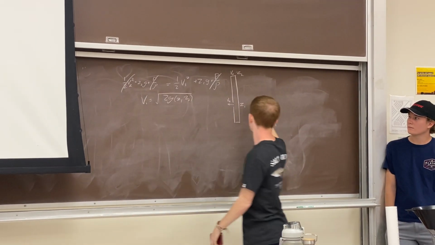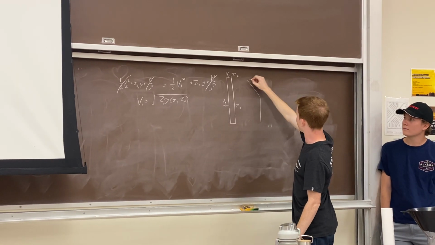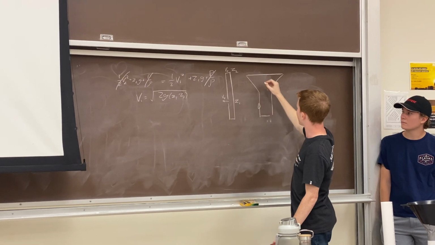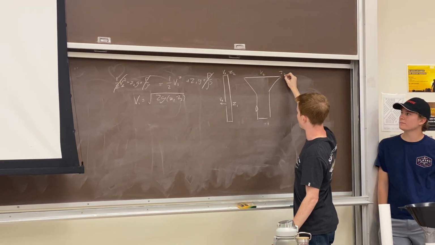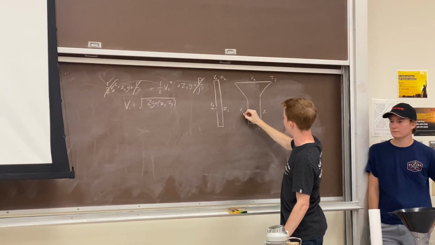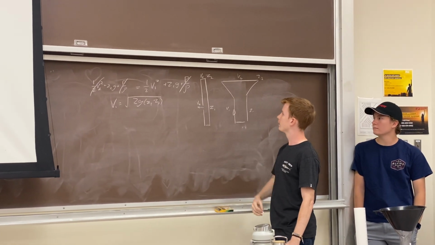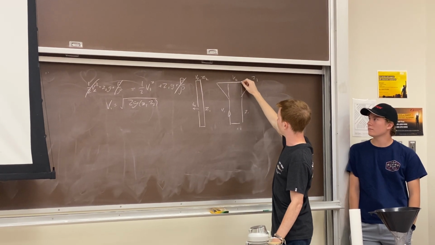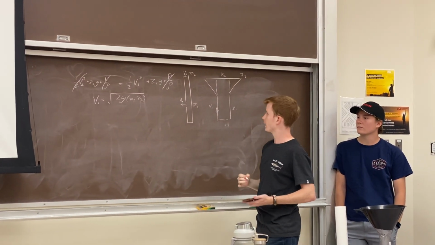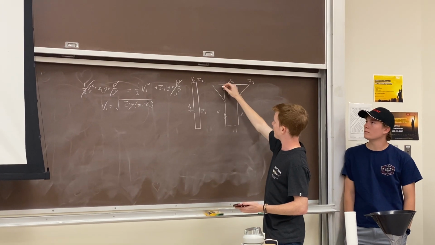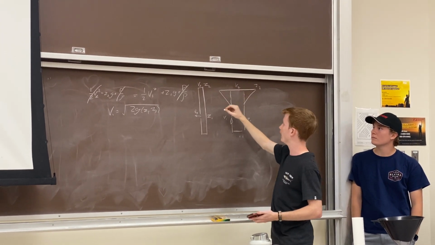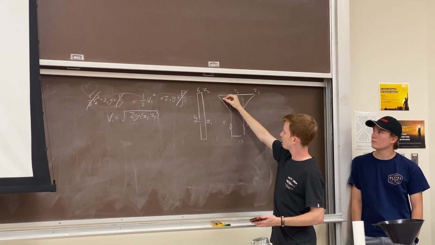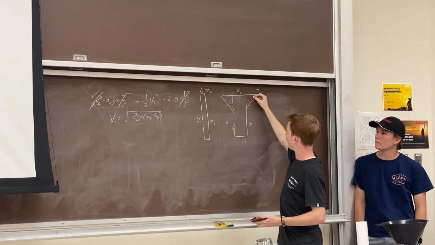You can do the same thing with the funnel with the hole there. Sorry, I didn't draw the hole. Still v2, z2, z1, v1. Same thing. Doesn't matter about this side here. The reason for that in the hydrostatic paradox is that the force of the water pushing down on this funnel is going to be met with the funnel pushing back according to Newton's laws.